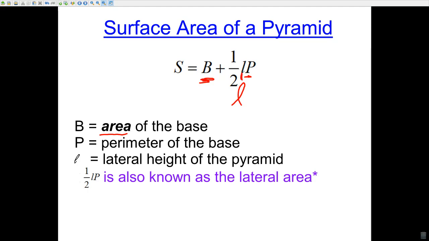That's the same thing here. It's going to be our lateral height. So you've got to be careful between height and then slant height, or lateral height. Those two words go hand in hand, slant height and lateral height. And then this part of the formula gets you the lateral area like you've seen before.